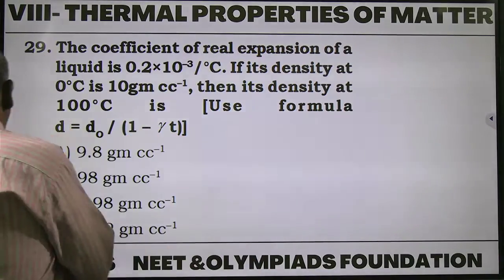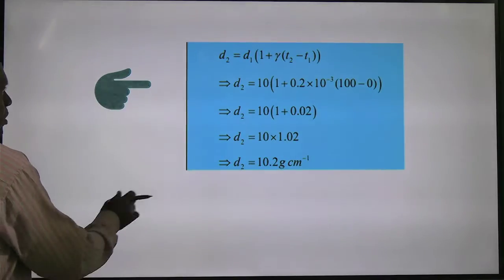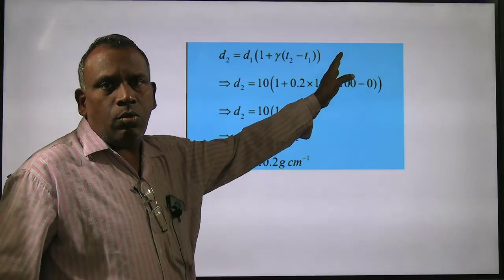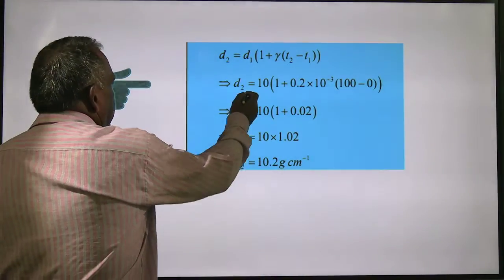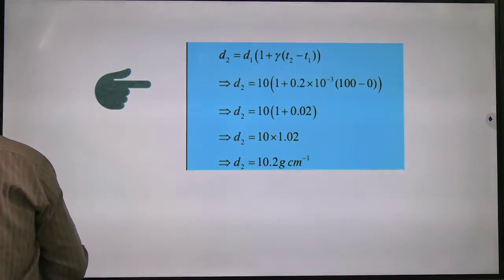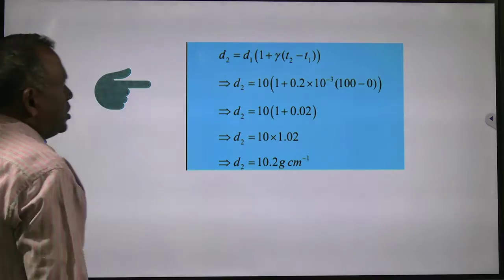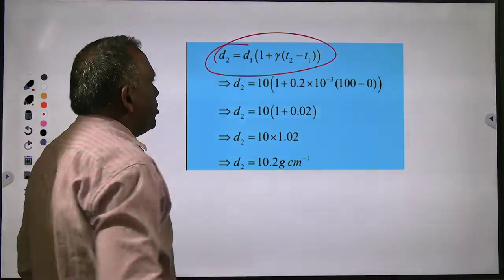To find this, see the same formula we just used. d2 equal to d1 into 1 plus gamma into t2 minus t1.